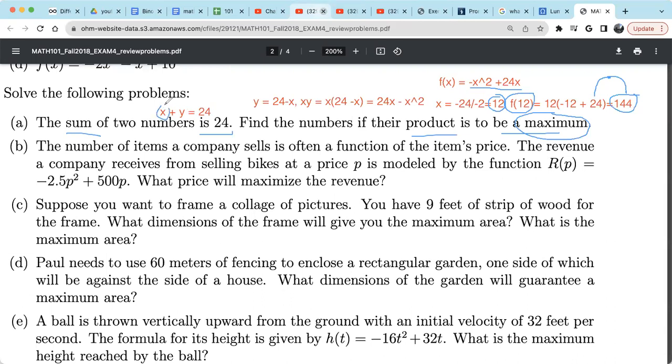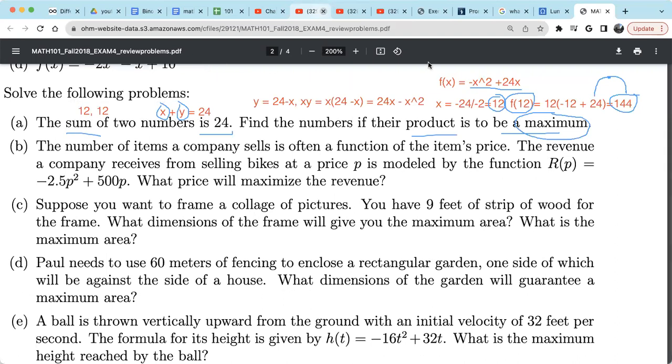If x is 12, do we see y is also 12? Because y equals 24 minus 12. Yes, we have found the two numbers. Both are 12. I hope this makes sense to you. If not, we still have a review class when exam 4 is coming along, so I can explain to you face to face, okay?